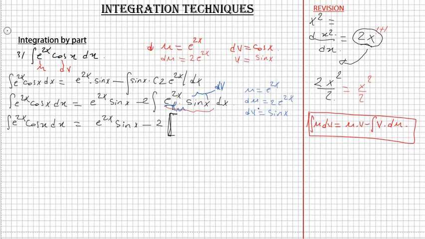If the derivative of v is sine x, then v is the integration of the derivative of v. In other words, I need to integrate sine x, and when I integrate sine x, I get negative cos x. So now I have all the four elements: u, du, dv and v. So I just need to replace.